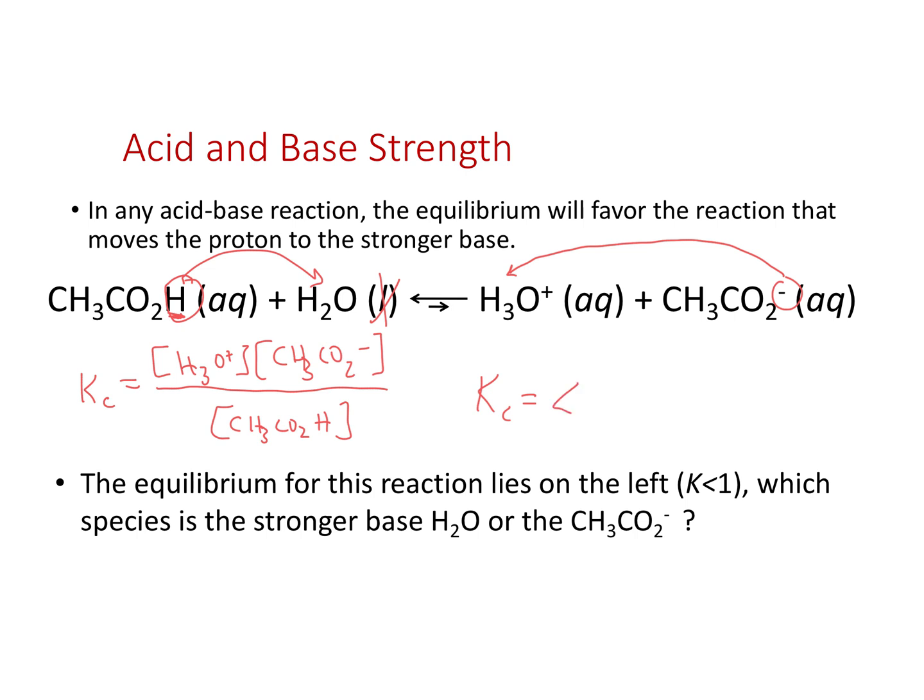Right, we would expect K to be much less than 1, because now I'm going to have a large concentration of starting material, right? This only partially ionizes. Say I put in 100 molecules and 98 remain acetic acid, and 2 of those molecules ionize to give me acetate, right? Now, for a weak acid, K is going to be much less than 1. The smaller the value of K, the weaker that acid becomes.